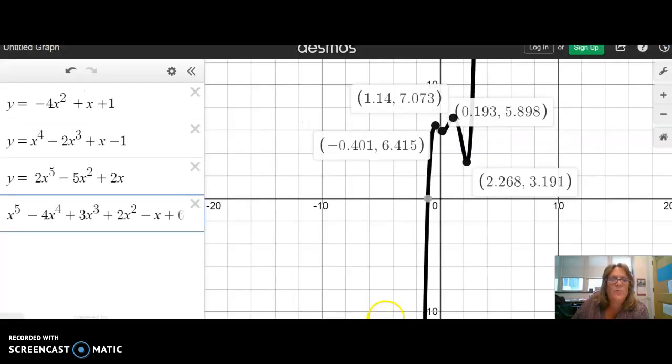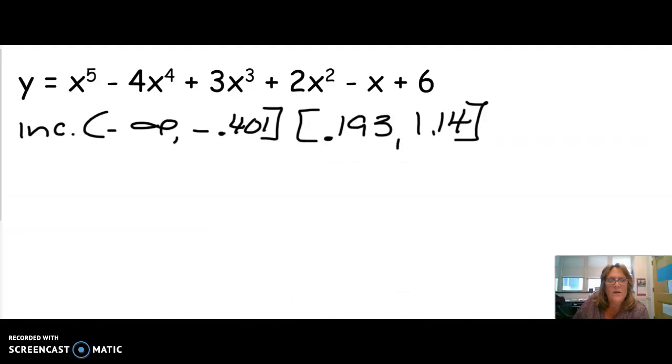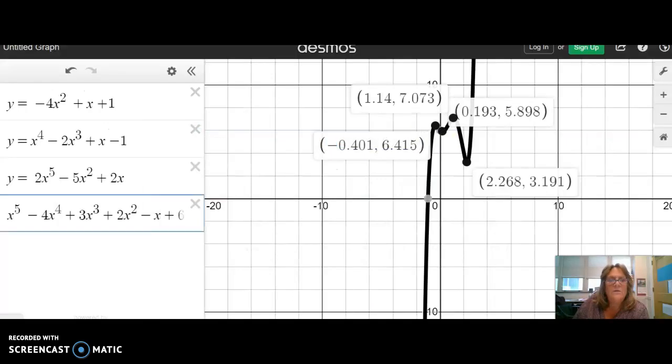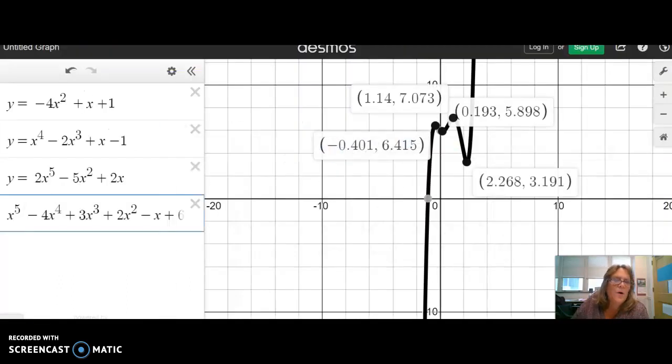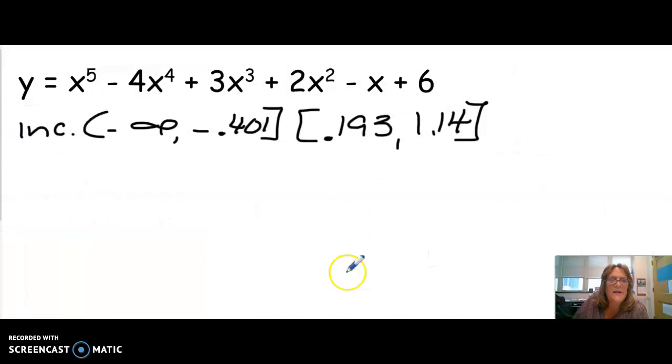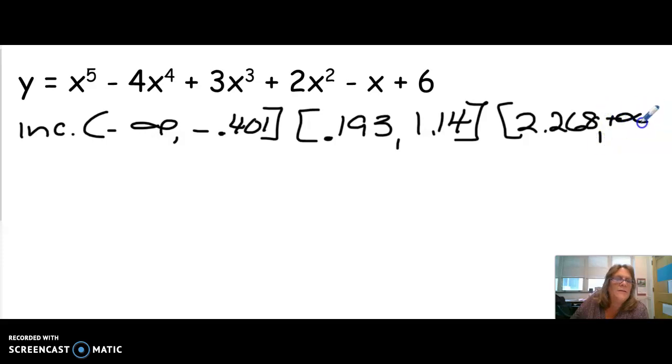Let me look back at my points. 0.193 to 1.14. Yeah. And then the last increasing part is from 2.268 to the end, to positive infinity, because it keeps on going.